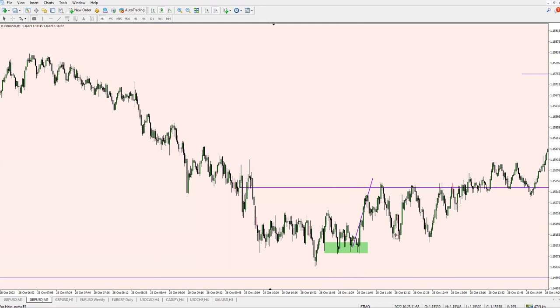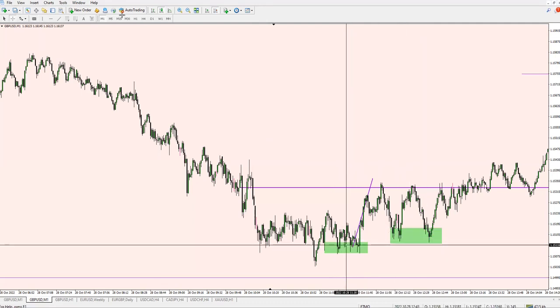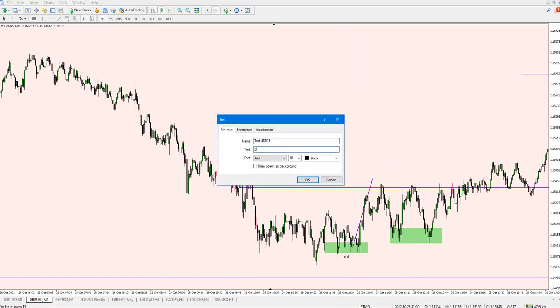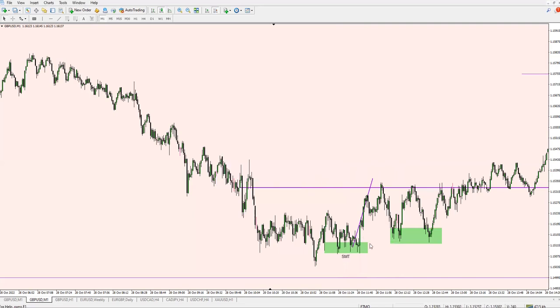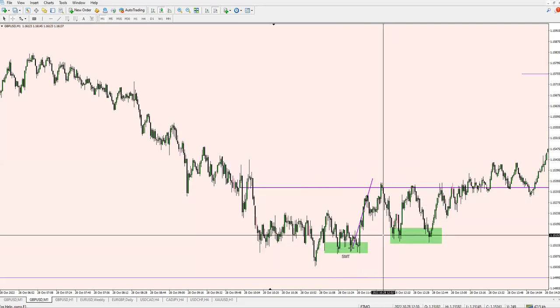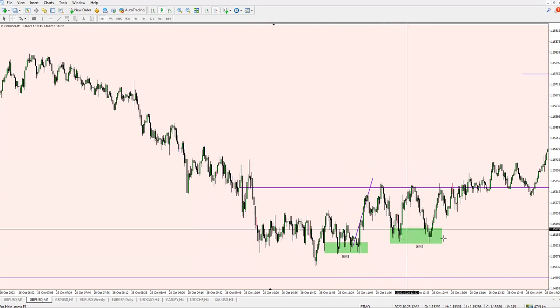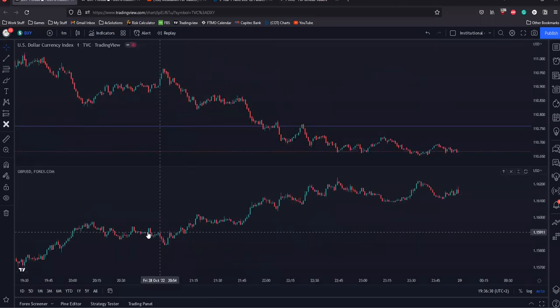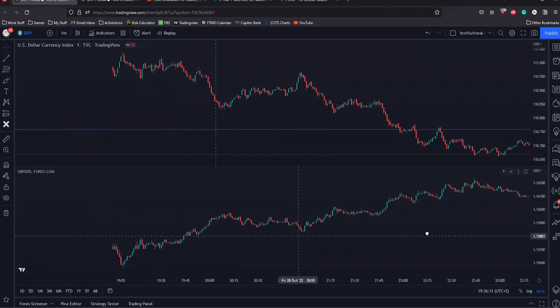And somewhere along here, I'm certain there could be another SMT, like that. And then price would have returned back to the SMT by moving lower here. And then again, price would have made a new SMT over here. So SMT, RSMT, SMT. Now, I don't know that because I didn't look at the price action, but I'm pretty certain based on what that looks like, there's going to be something like that.